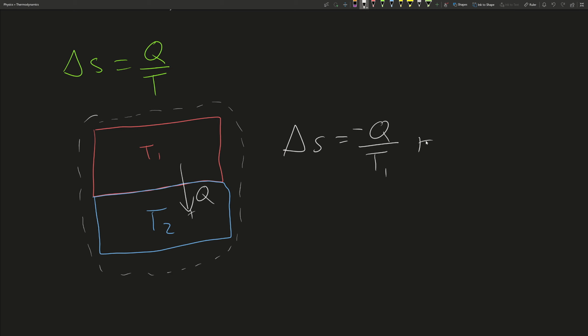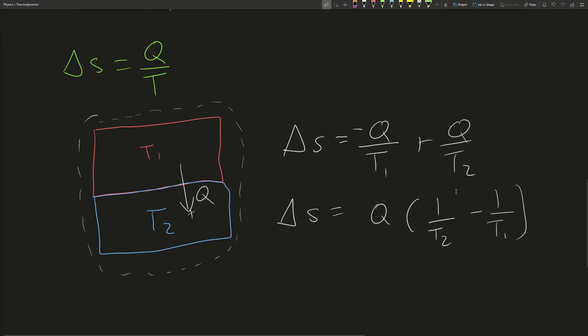And then the change in entropy from T2 here is positive Q because we have Q going into this block, over T2. And so this can be written as the change in entropy is equal to Q times 1 over T2 minus 1 over T1.